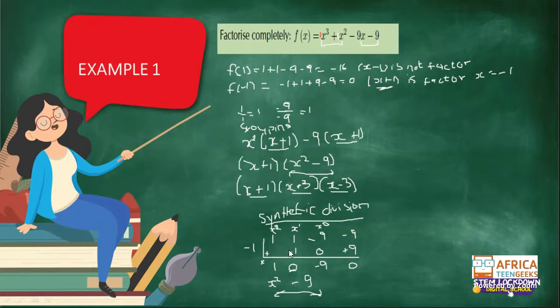Where did you get x squared minus 9? Okay, from the synthetic division, remember we found that x plus 1 is a factor? Yes, ma'am. If this is a factor, then it means x equals -1 is a root. Then you write the coefficients, which are the numbers before your x. So it's the 1, 1, -9, and -9.